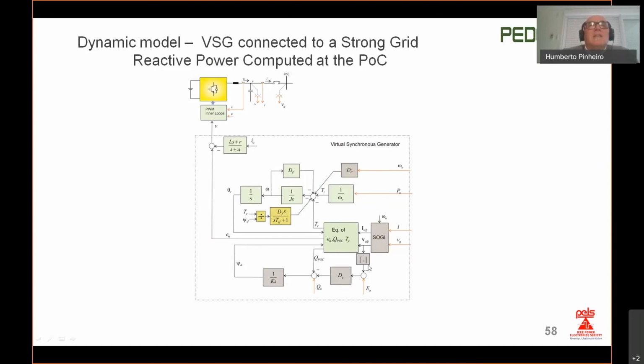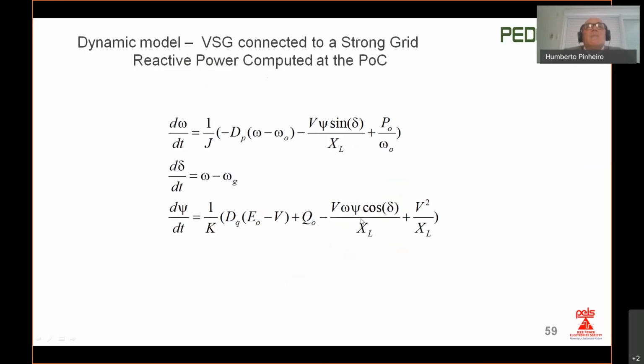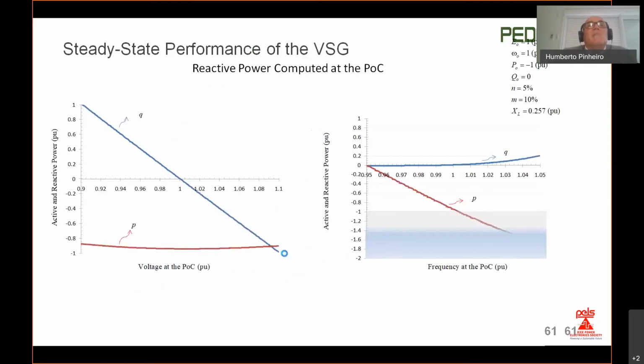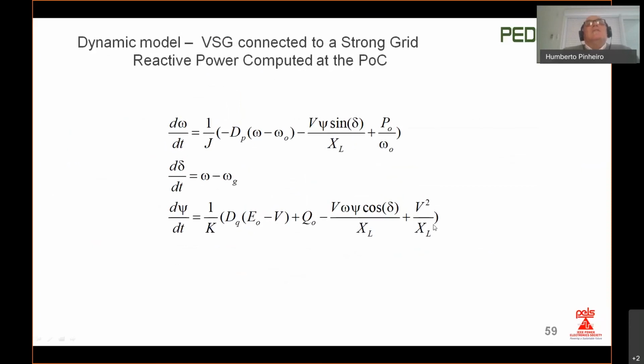Again, I think this is also divided by square root of 2 because we are dealing with RMS quantities over here. So the dynamic equation that governs is similar to the previous ones, but we find that it has a little bit fewer nonlinearities. You don't have that square product of frequency and flux.